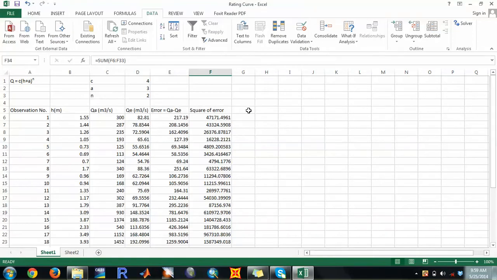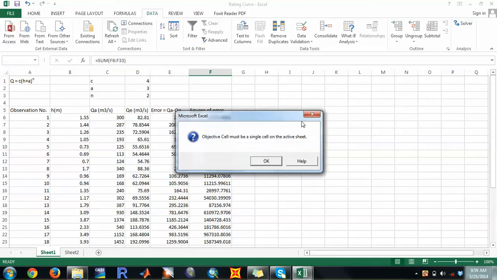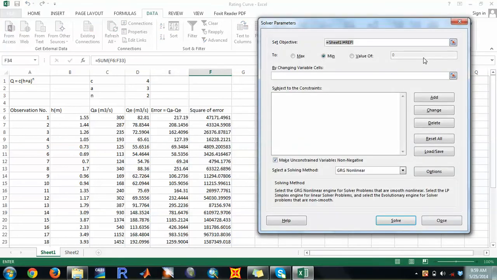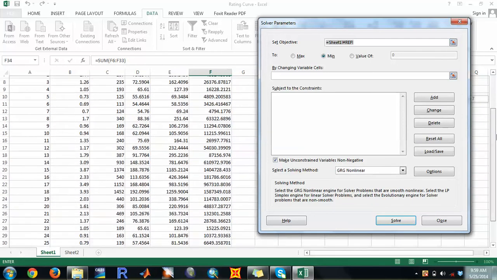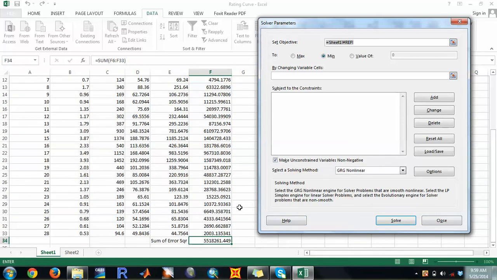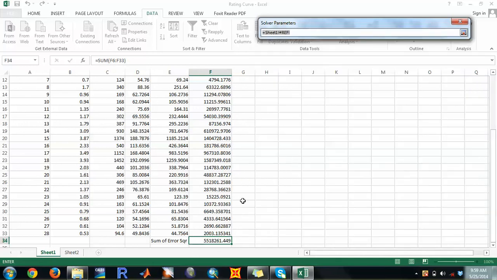Once you find that, go to Solver and set your objective. Our objective is to minimize the total error. This is the square of errors, and our objective is to minimize it, so I select this cell as my target cell.